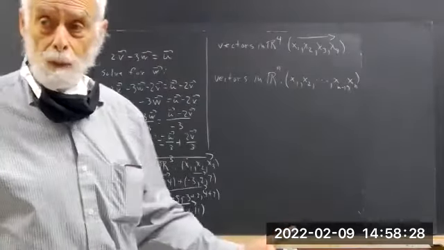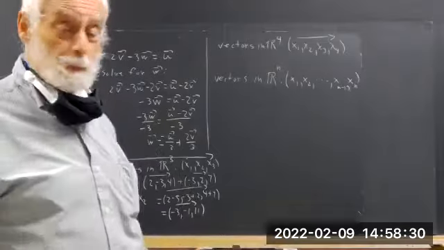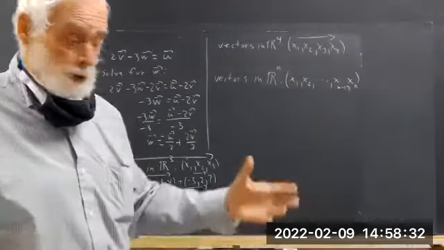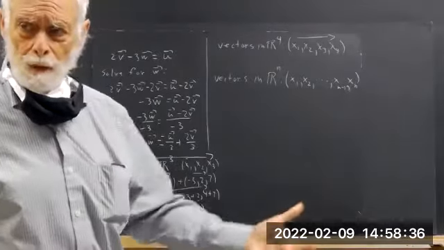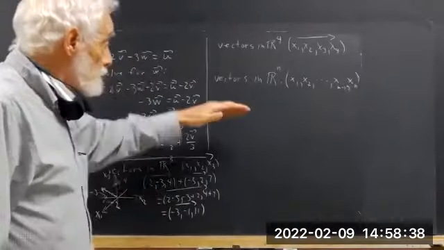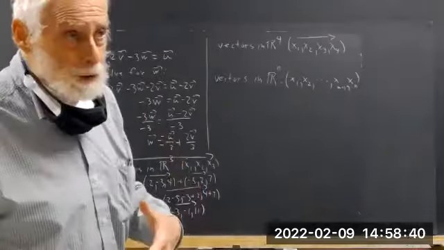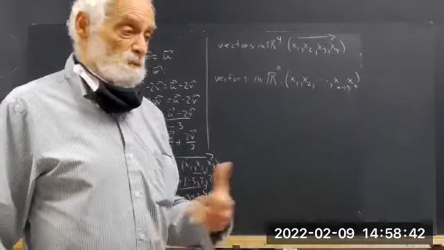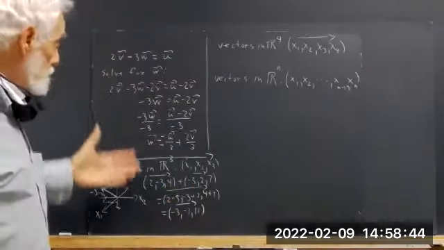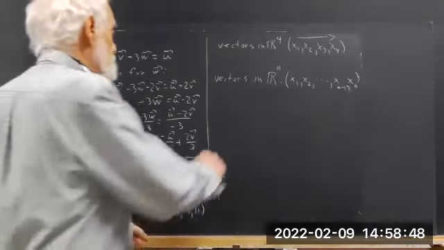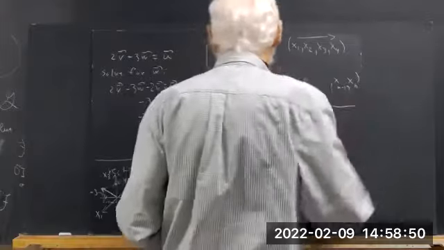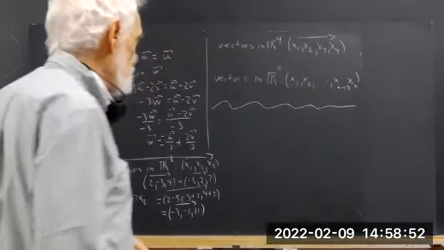And don't think that people don't deal with million dimensional spaces. In data analysis, a million dimensional space is not even a particularly big one. Still, the techniques that we use can be understood in terms of R2 and R3, 2-dimensional and 3-dimensional models. Okay, well, that's the idea of vectors in Rn.